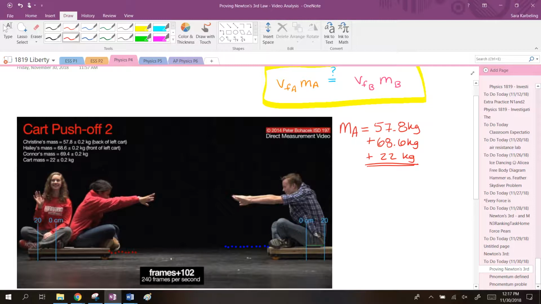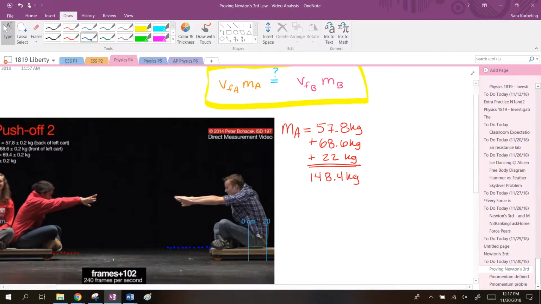Get a value. So I would like you to do this. You're typing in the numbers. Maya, did you get a number? What did you get? 148.4 kilograms.